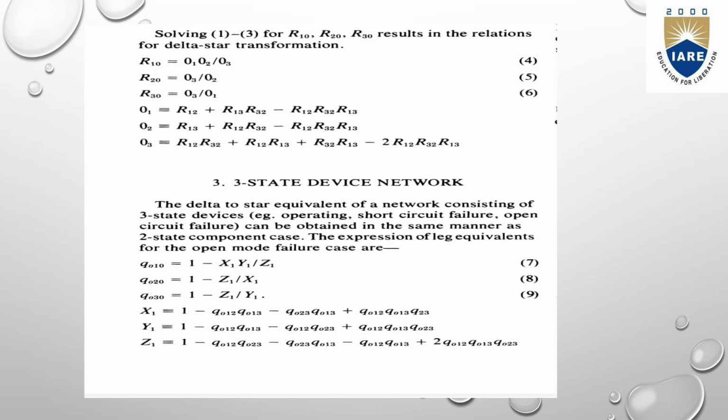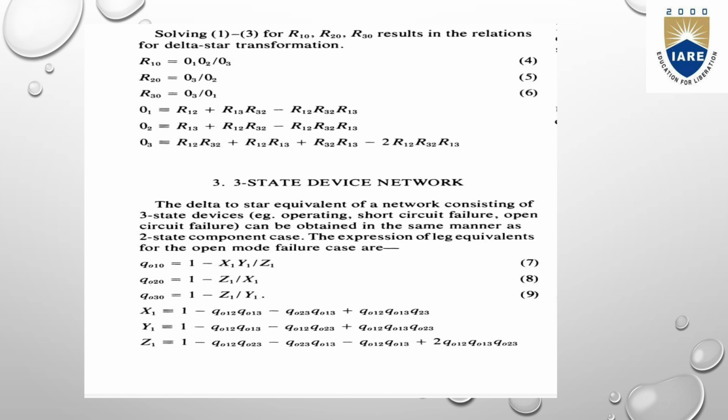And O2 is R13 plus R12, R32 minus R13, R32 and R12. And O3 is R12, R32, R13 plus R12, R13 plus R32, R13 minus 2 times R12, R32 and R13. And the next one is three state device network.